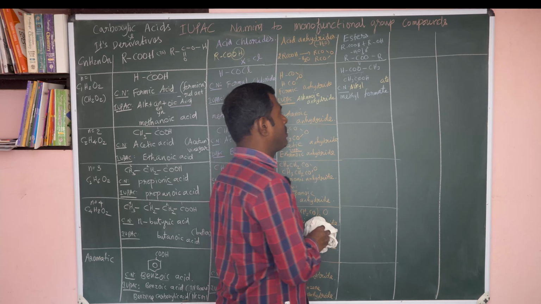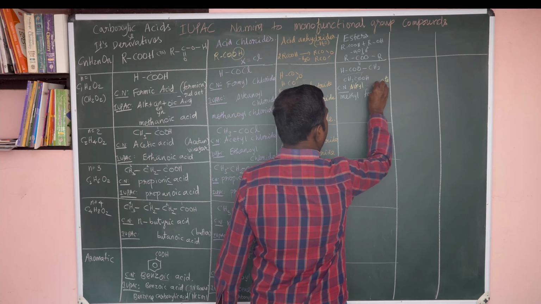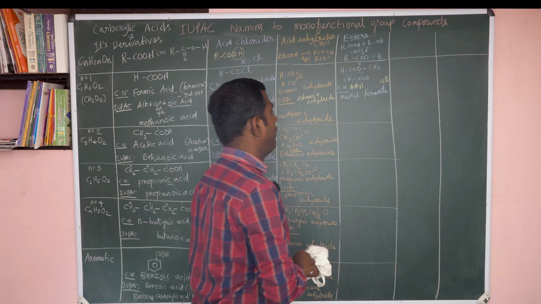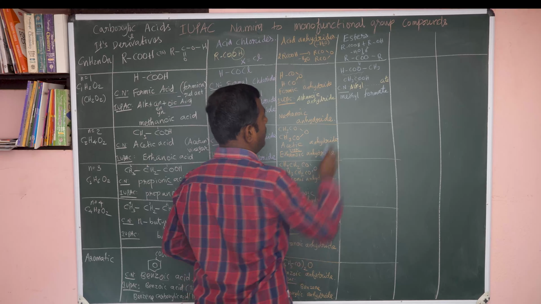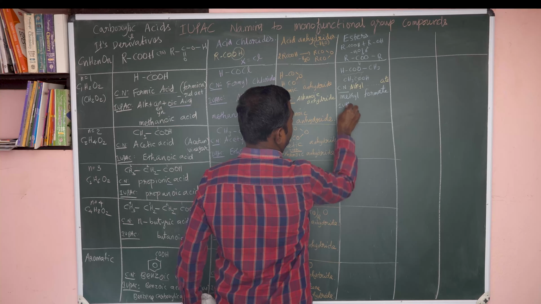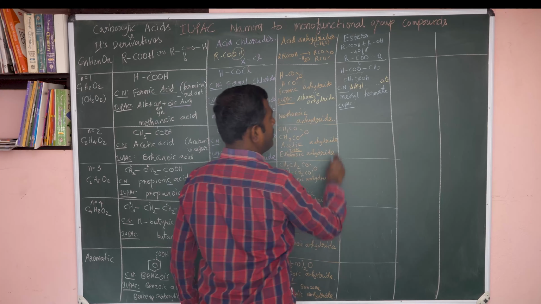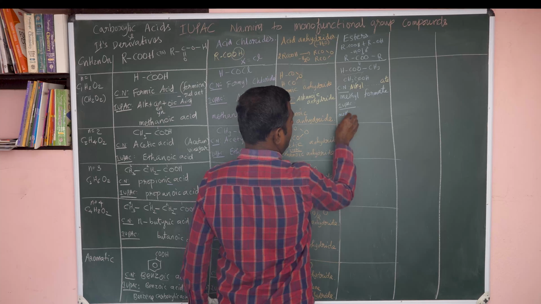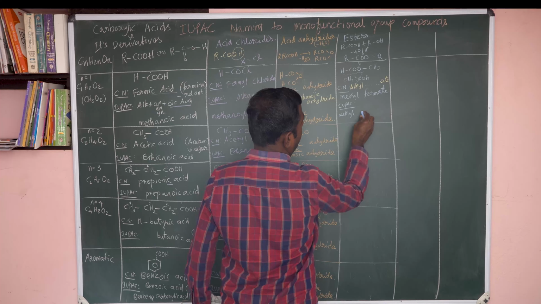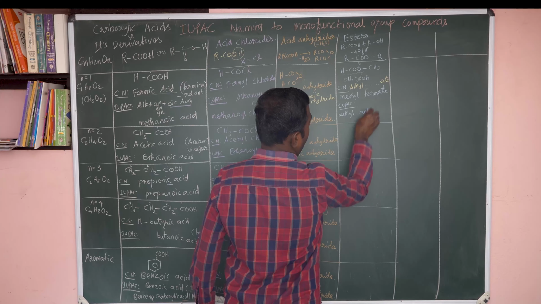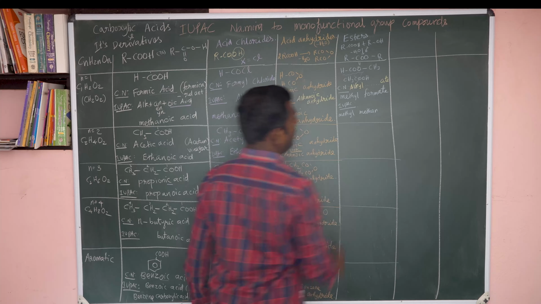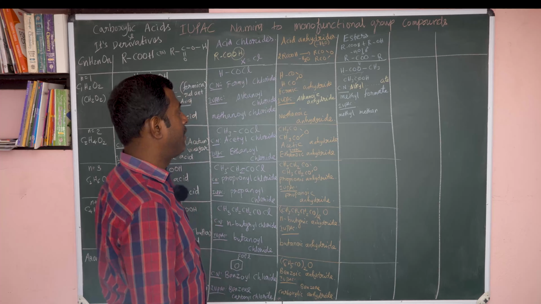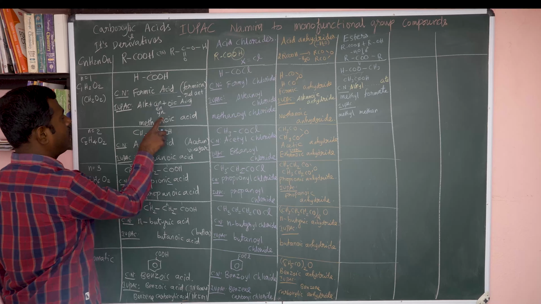In IUPAC also, we follow the same. Let us see its IUPAC name. Methyl is written as such, and for formate, the IUPAC name of formic acid is methanoic acid.